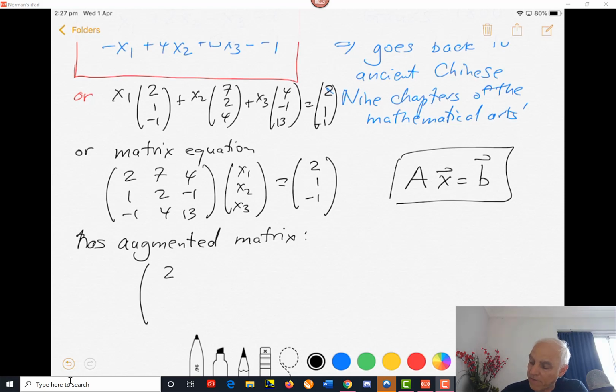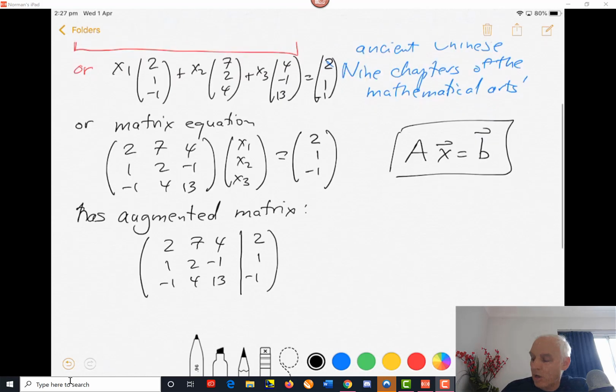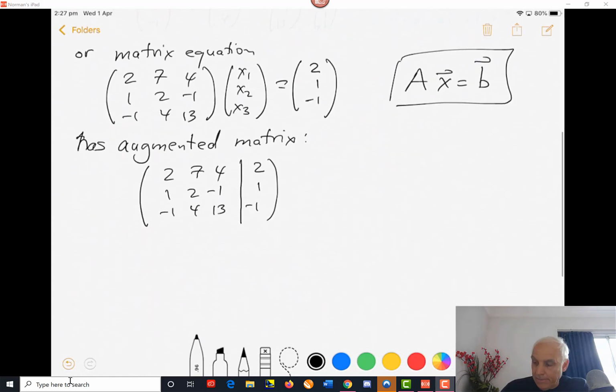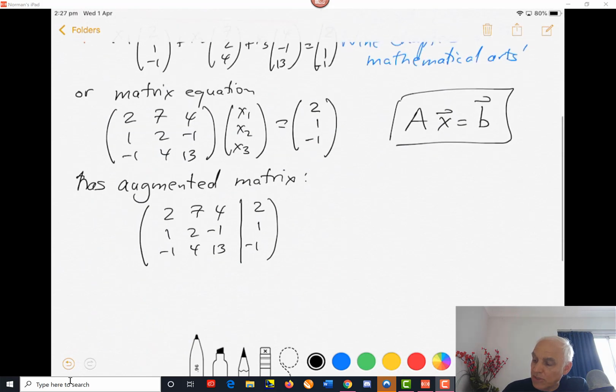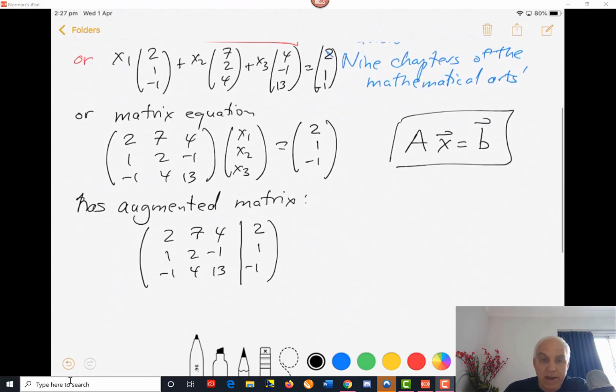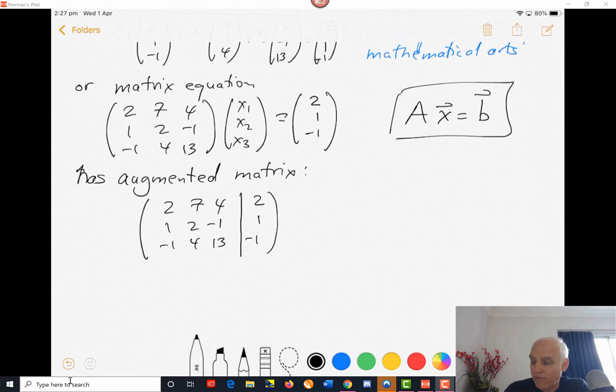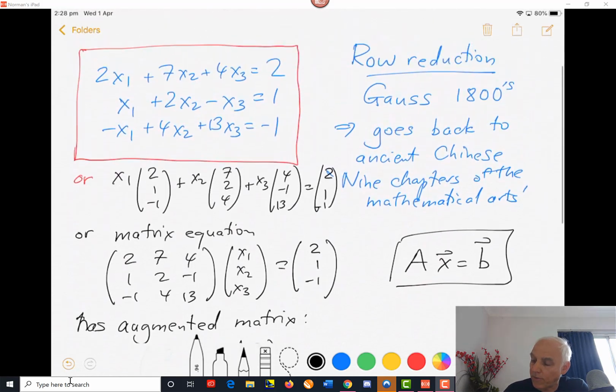So (2, 7, 4), (1, 2, -1), (-1, 4, 13), then a line, and on the other side of that line, 2, 1, and -1. So that has all the numerical information of the system of equations. And any one of the original equations can be read off by reading across one of the rows of this augmented matrix. For example, the second row would tell us that x1 + 2x2 - x3 = 1, which is the same one as that one there.